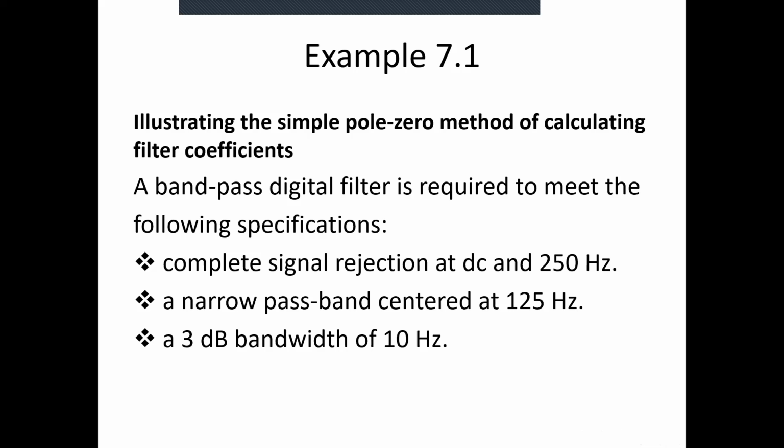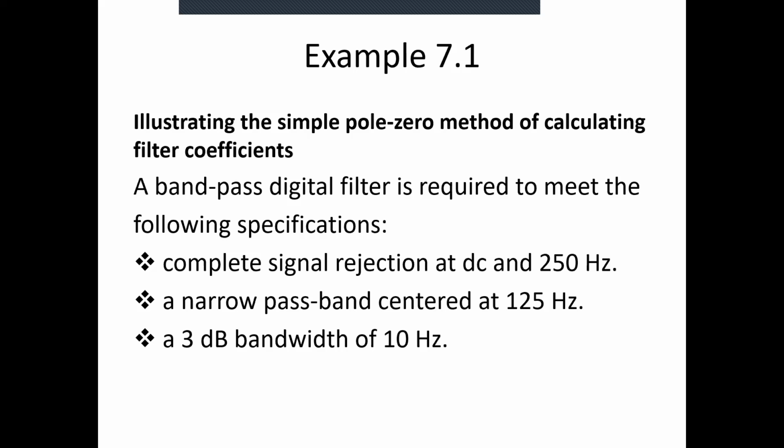What are the requirements of this filter? It will have complete signal rejection at DC and 250 Hertz, a narrow passband centered at 125 Hertz, and a 3 dB bandwidth of 10 Hertz. Keep in mind that the sampling frequency is 500 Hertz.